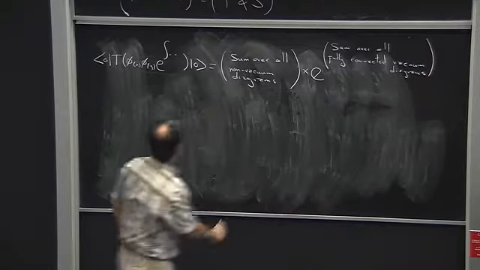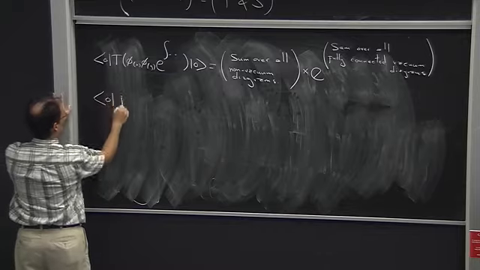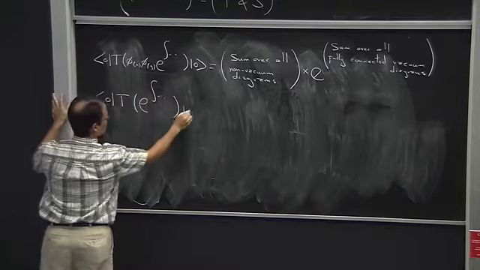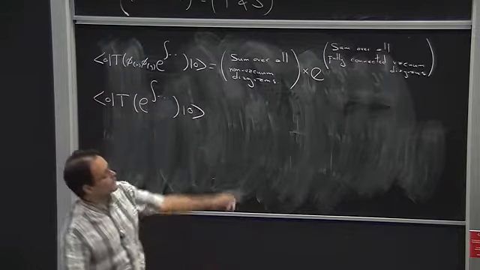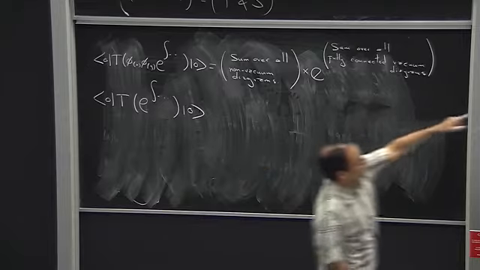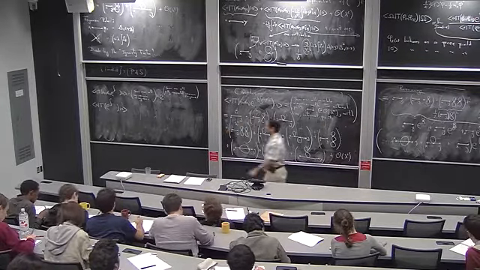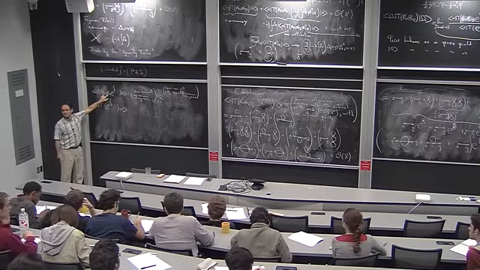Okay? And now we are basically done because if we look at the denominator of our formula, remember our formula has a numerator and it also has a denominator. The denominator is obtained by removing these two guys, right?